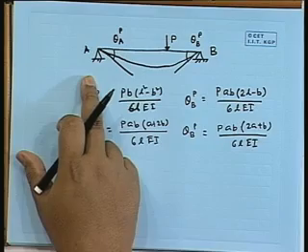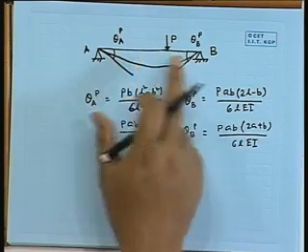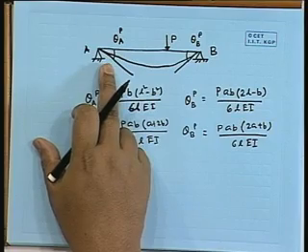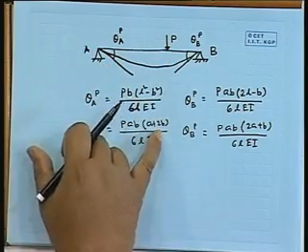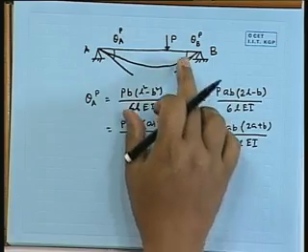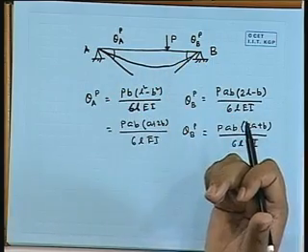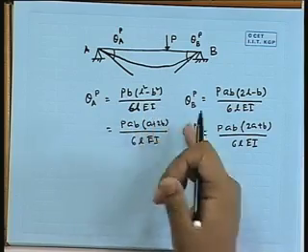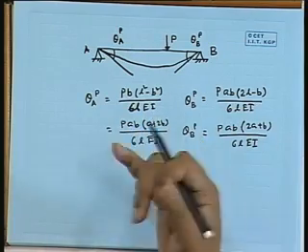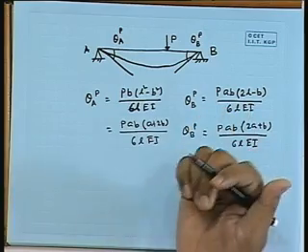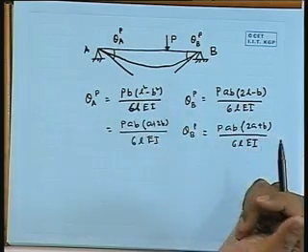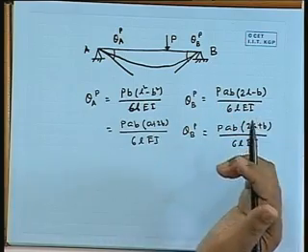So here this end, the load is away from A. If we take A more compared to B, this slope will be a little less. So here it is twice B. B is small, it is twice B, and this side slope will be more, it is twice A. So if it is P, A, B, A plus B, the sum of the quantity will be twice. Which one will be twice? That also we can find out from the sense, plus the denominator will be 6 L EI, that component, right?